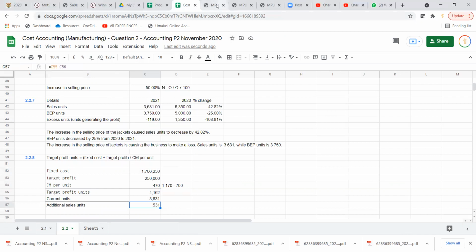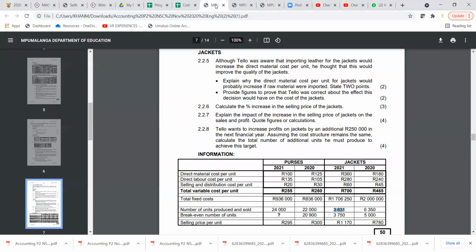Okay, so let's just see quickly. The question said, Tyler wants to increase profits on jackets by an additional 250,000 in the next financial year, assuming the cost structure remains the same. Calculate the total number of additional units he must produce to achieve this target.